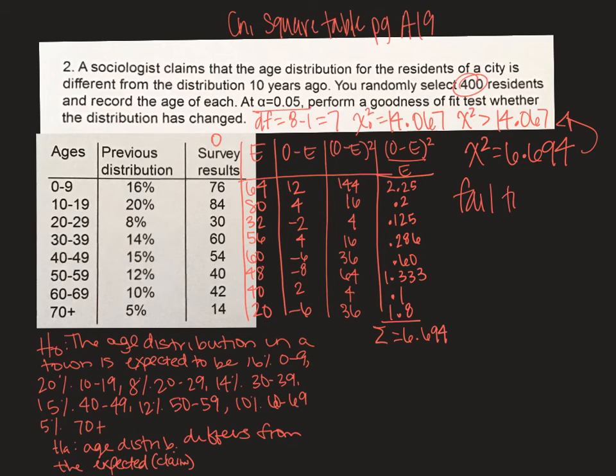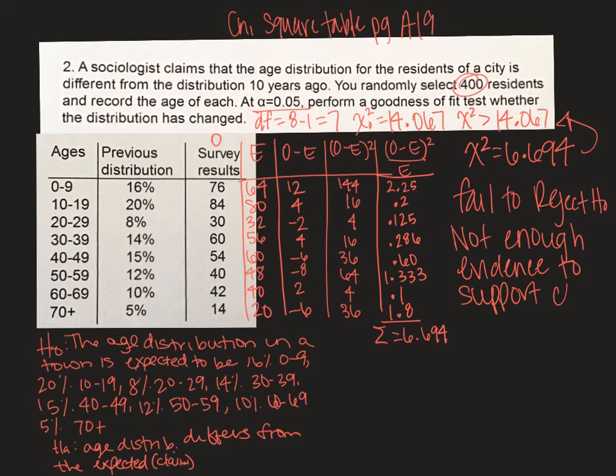So we fail to reject H0, which means we don't have enough evidence to support the claim that the age distribution differs from that of 10 years ago.